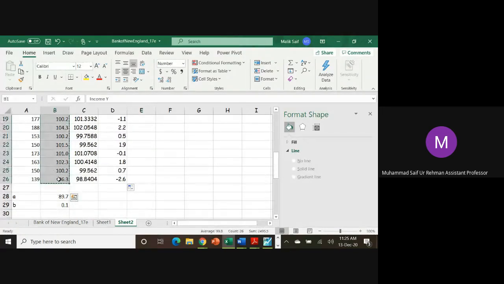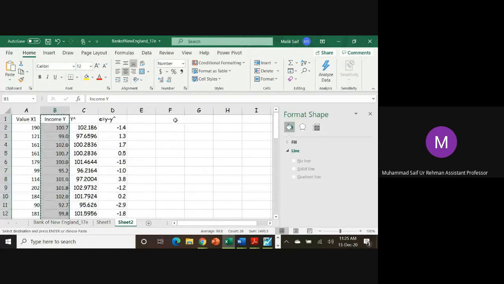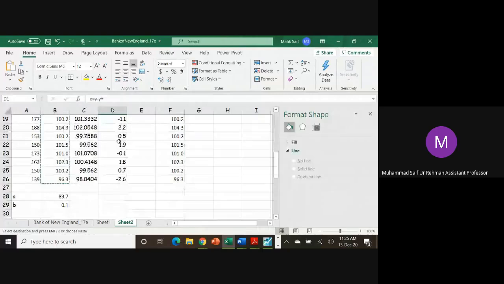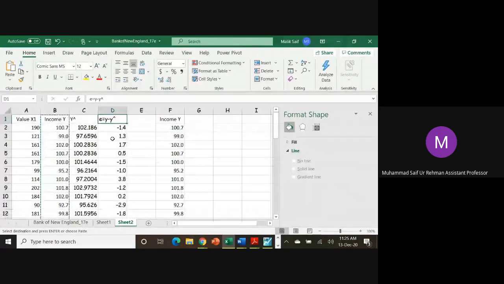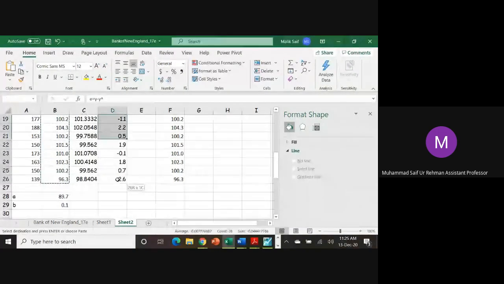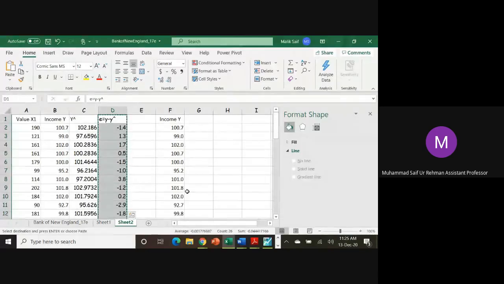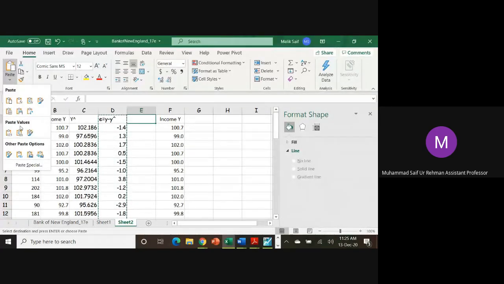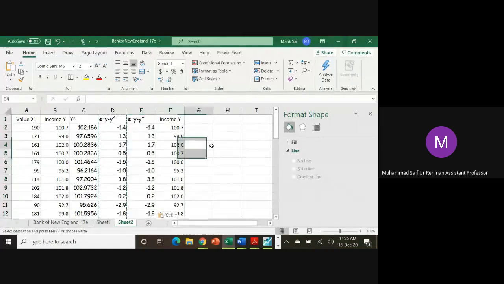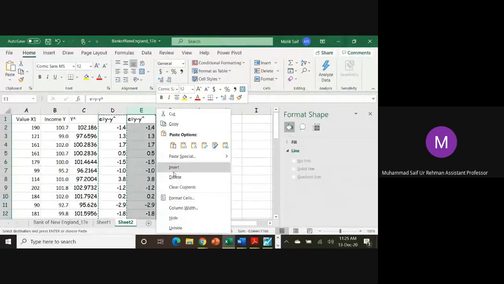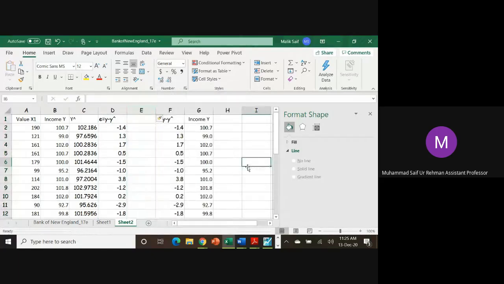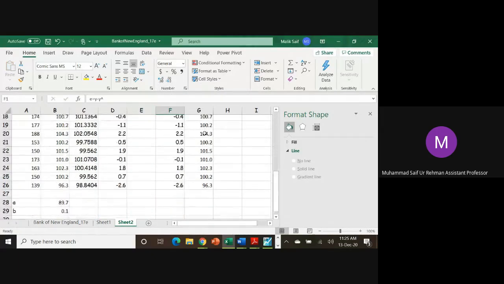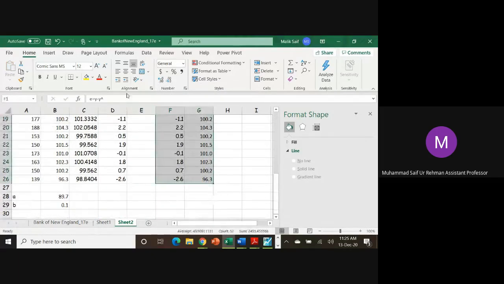Let me do it. I'm going to paste it again here. This was your dependent variable, and this is your residual series. Now we are going to have a graph for these two. Let us see what happens.